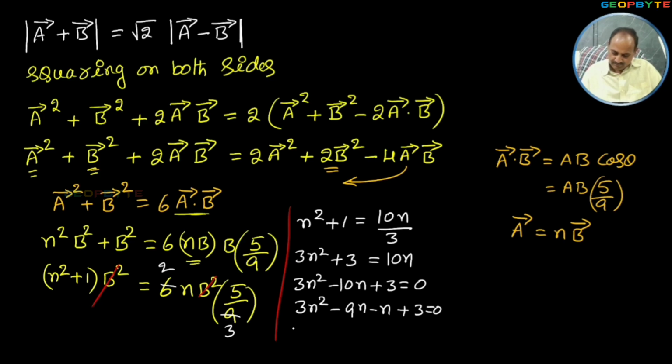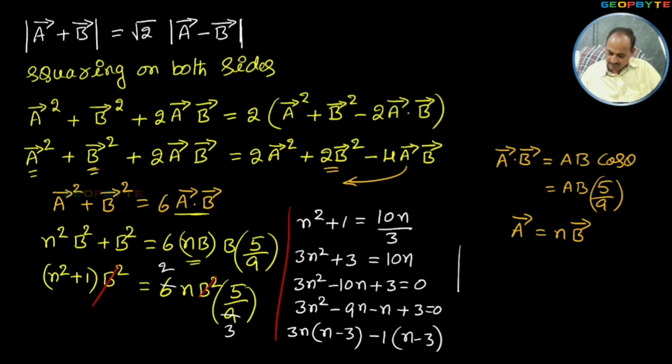Here let me write the 3n outside, n minus 3, minus 1 into n minus 3. Should be very careful.